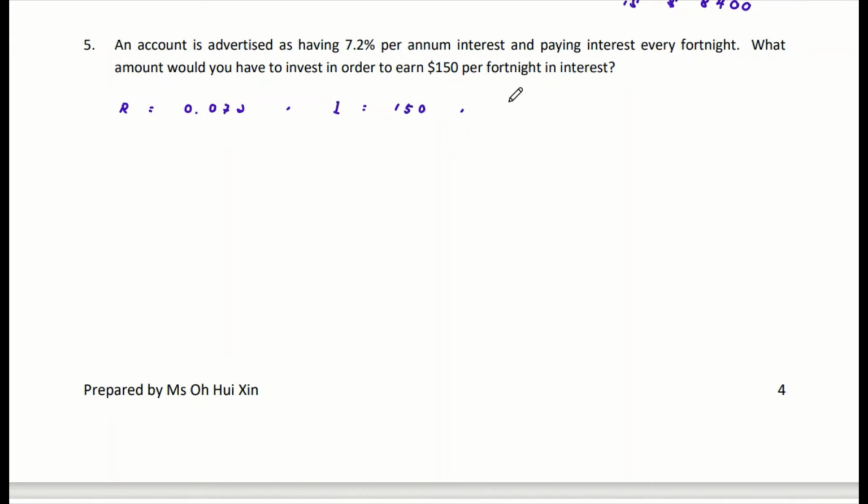So what is our time period here? Remember, if our interest rate is given per annum, then the time period here should be in the unit of year as well. So per fortnight, how can we change it into years? You can imagine, in 1 year, how many weeks are we having. This one is important.